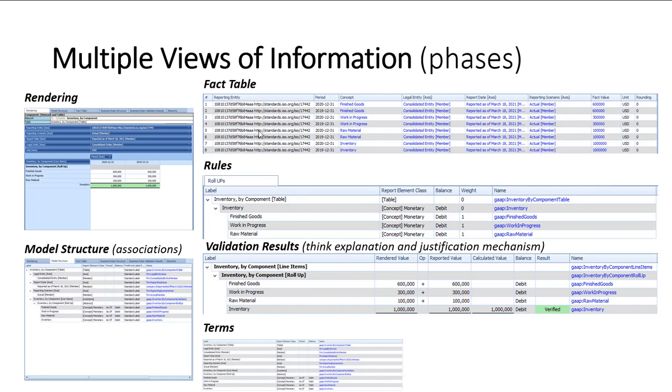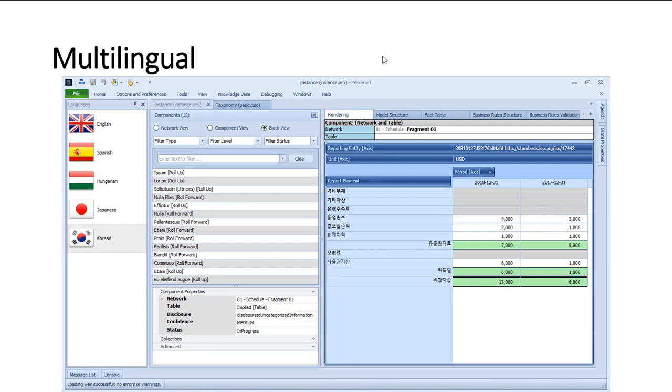There are multiple views of information. You can see renderings, you can see the model, the fact table, the rules, the validation against the rules, the terms that make up, and then all this stuff is used to create this rendering by software applications. And some other information. So it's multilingual.